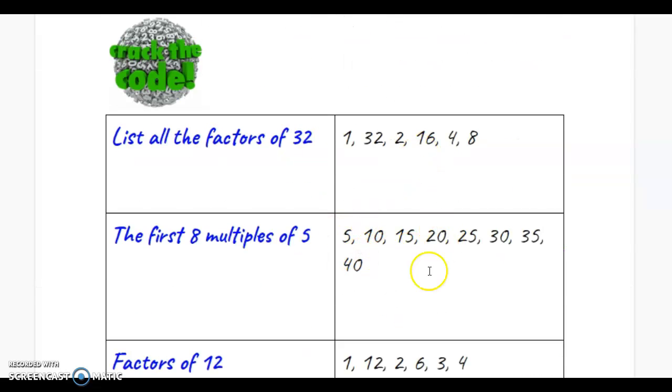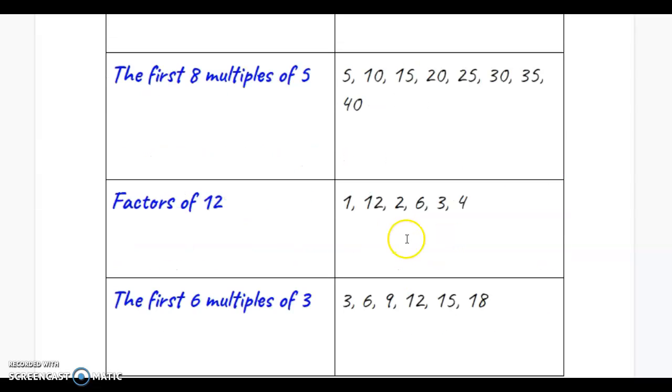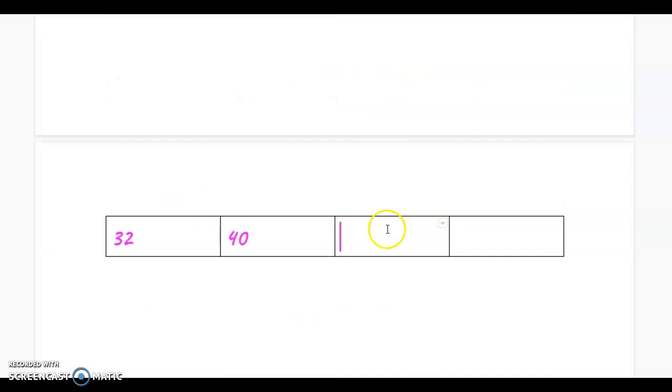Scroll back up. What is the largest number or answer I have in my multiples of 5? Let me have a look. That one's in order, so it's easy for me to tell, and I can see that it's going to be 40. So I'm going to scroll back down. 40 is my next part of my code. If I look up here, what about factors of 12? Once again, it's not in order, so I need to look at what is the largest answer, and I've got 12.